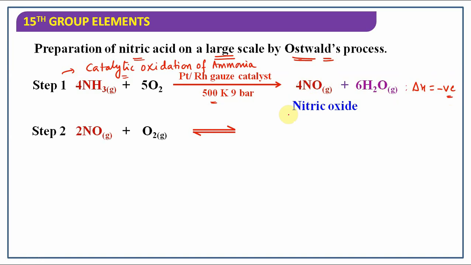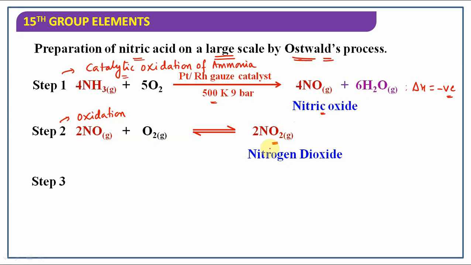In step 2, what will we do? Oxidation of nitric oxide. The nitric oxide obtained here must be cooled and oxidized. Step 2 is oxidation: NO plus O2 gives you NO2, nitrogen dioxide. Once you get the nitrogen dioxide, it should be treated with water.